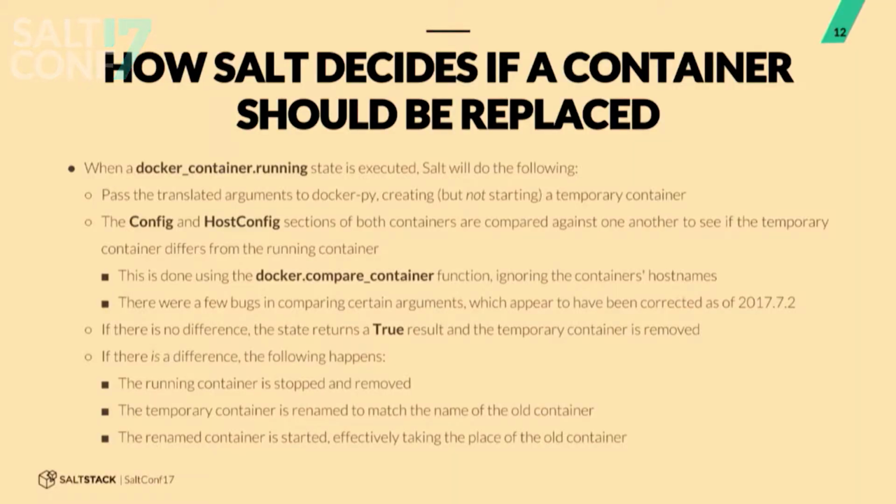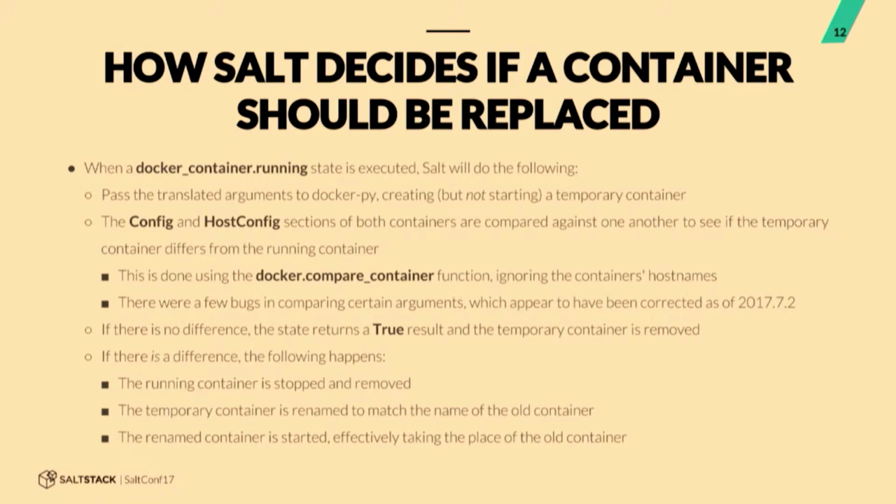And so what we do now is we actually will create a temporary container using the arguments that you pass in, and we keep that container stopped. We never start it, or we don't start it right away at least.